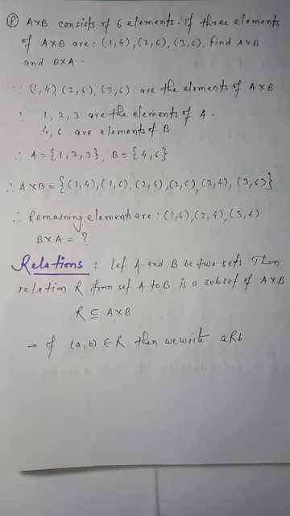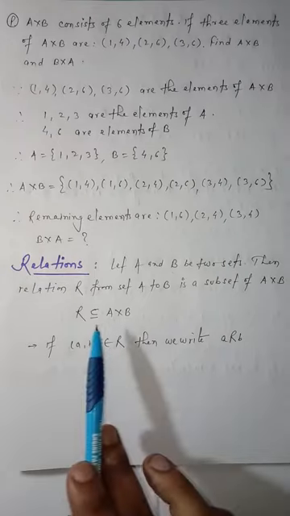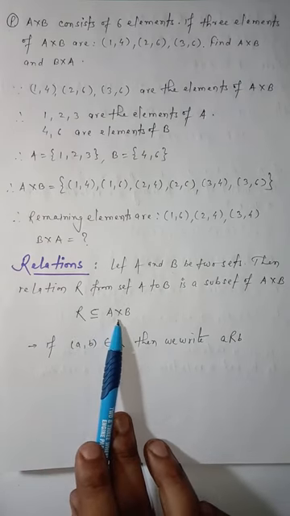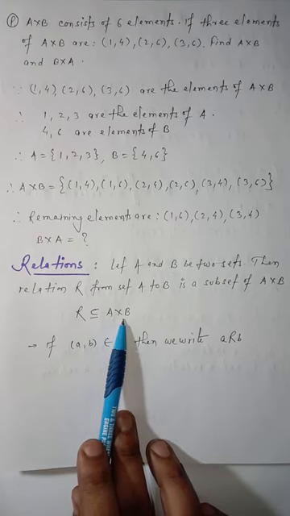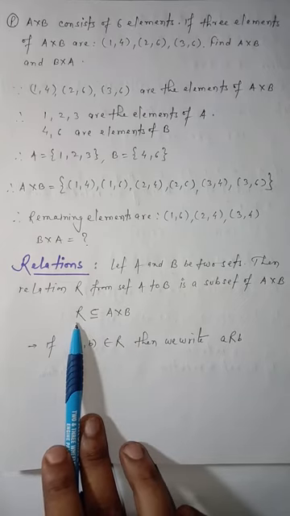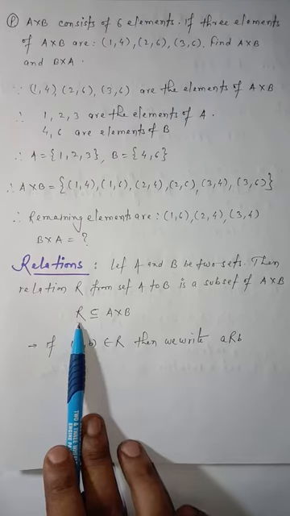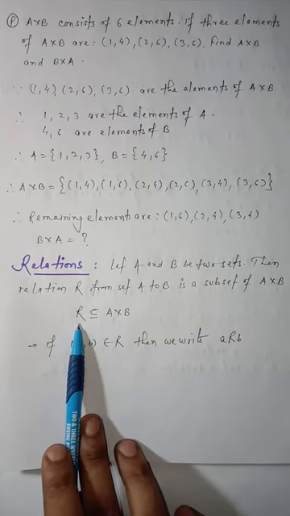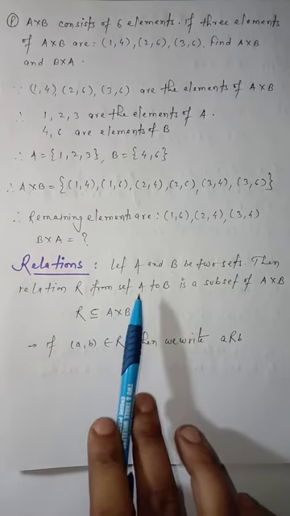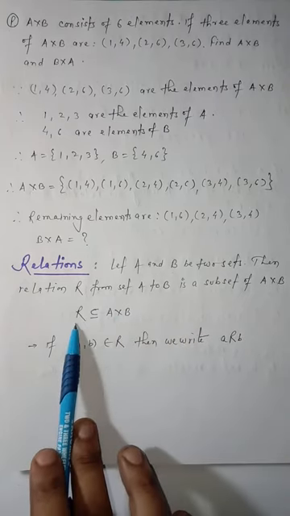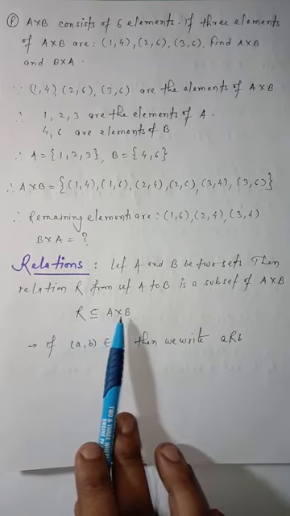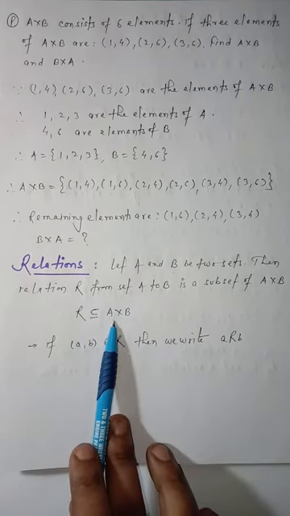The thing will be called a relation from set A to B only when it is a subset of A cross B. If anything is not a subset of A cross B, it will not be a relation. So remember, relation is a set, defined from set A to B, and this set is a subset of the Cartesian product of two sets A and B.